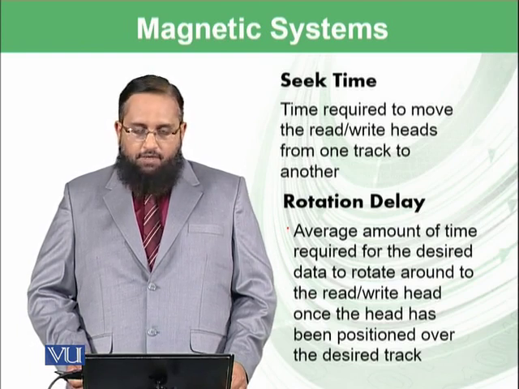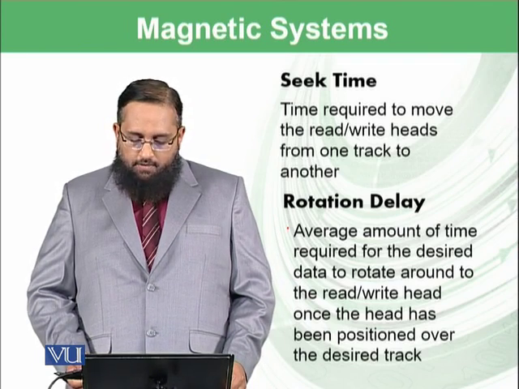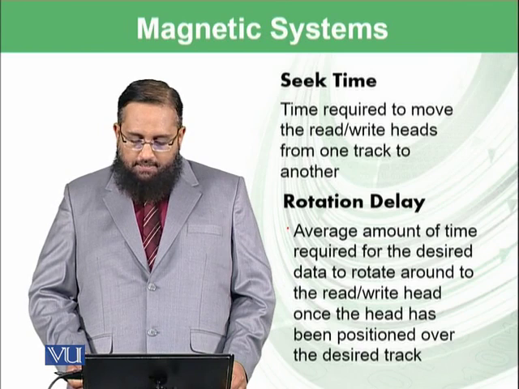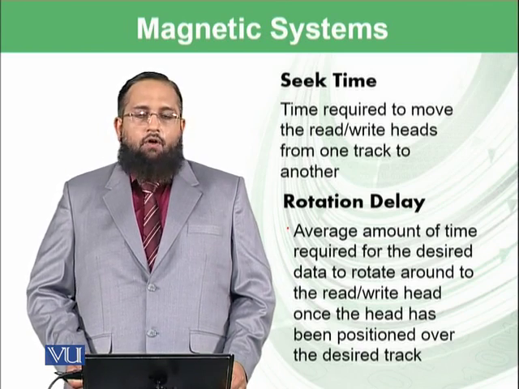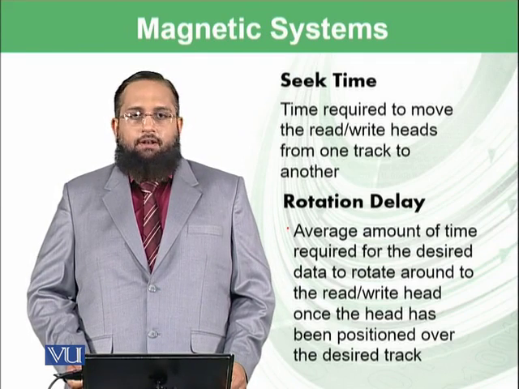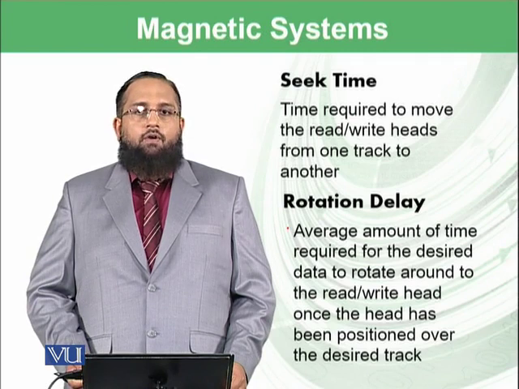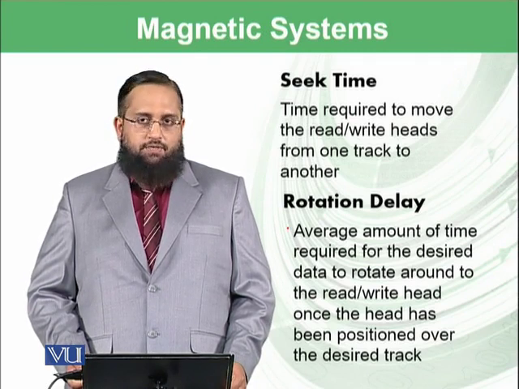And then there is rotation delay. It is the average amount of time required for the desired data to rotate around to the read-write head once the head has been positioned over the desired track. For example, your read-write head is positioned on the right track, and then you want to locate which data should be fetched first.